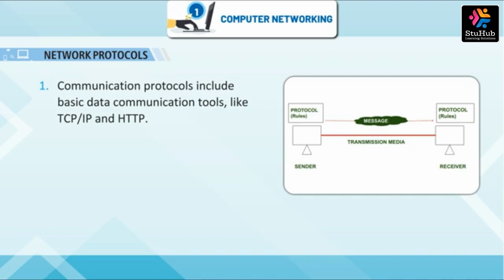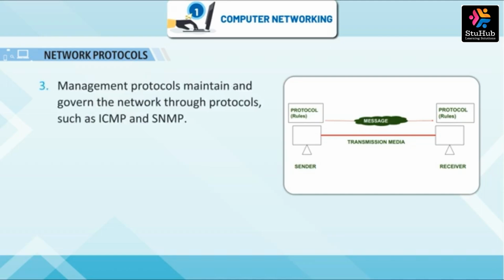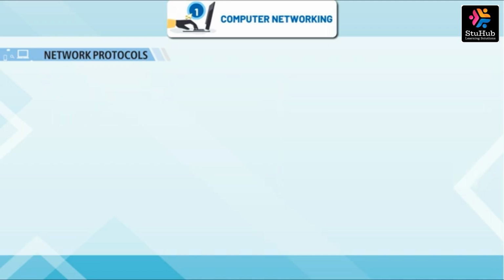Communication protocols include basic data communication tools like TCP/IP and HTTP. Security protocols include HTTPS, SFTP, and SSL. Management protocols maintain and govern the network through protocols such as ICMP and SNMP.